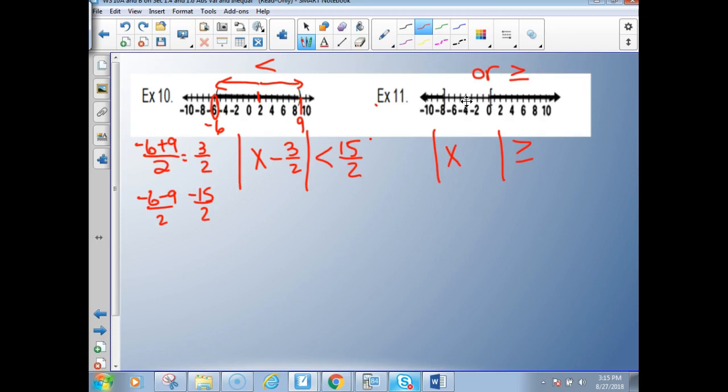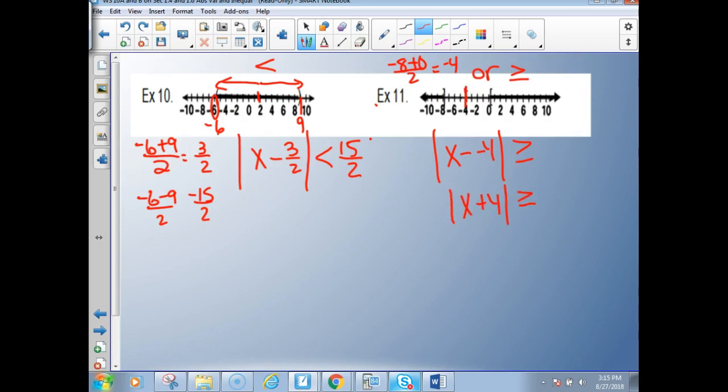All right, where's the middle? Well, it goes from 0 to negative 8. Negative 8 plus 0 divided by 2 is negative 4. There's your midpoint. Okay, it's a negative, so since we would normally subtract, minus negative 4 is going to give us x plus 4 in there.